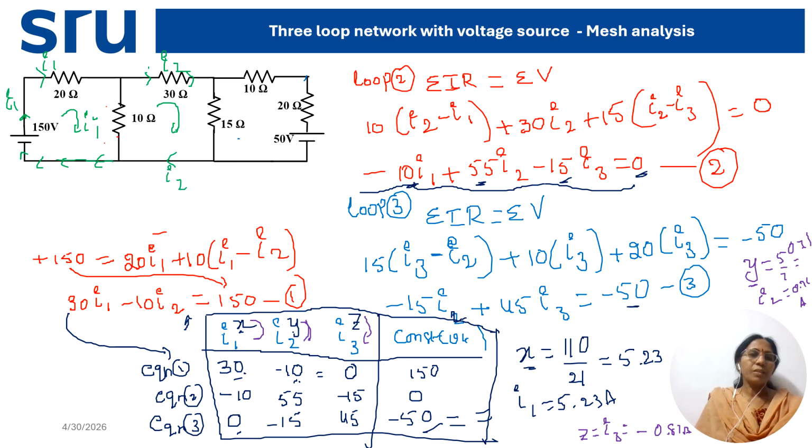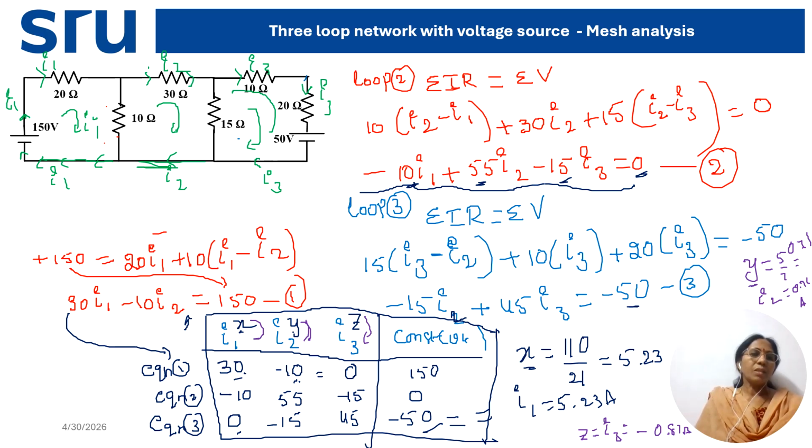This current is I1, and up to here this current is I2. According to this direction this current is I3, and this is also I3, this is also I3. Now I am writing.